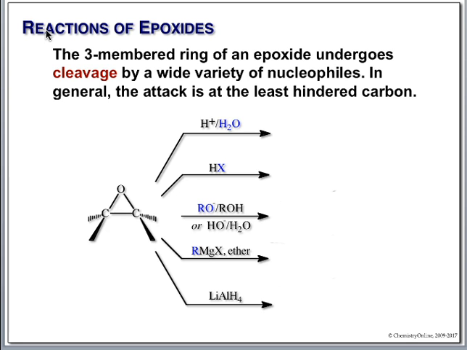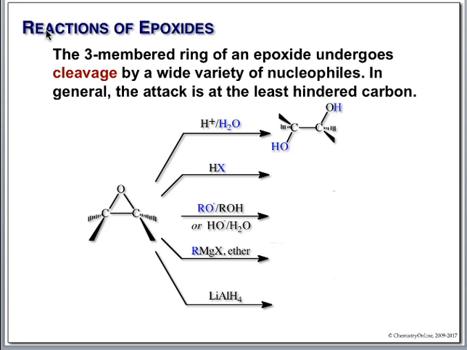You can do this in boiling water and make a 1,2 diol. Now, think about this. We're going to be attacking this backside, aren't we? SN2. So that means these two hydroxyl groups must be trans to each other, opposite sides.